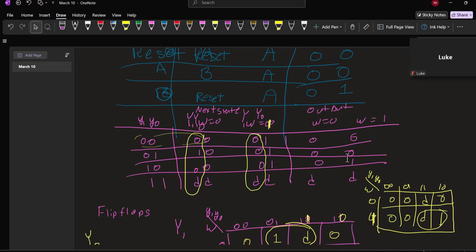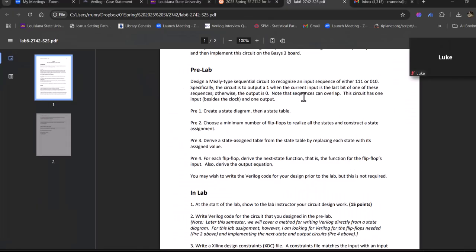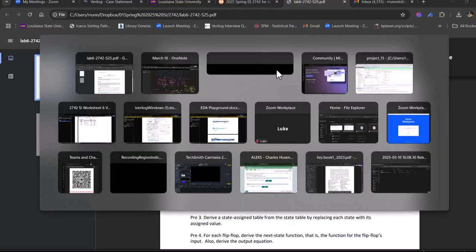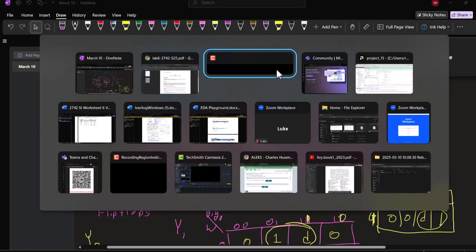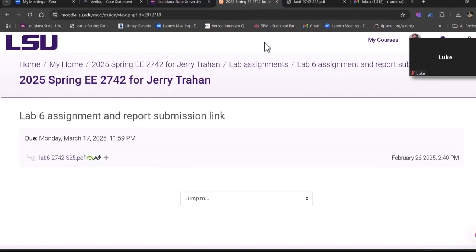Decoder, yeah. More than anything, we're wondering, do we need to create our own truth table? Can we use someone else's because we weren't able to complete the assignment?